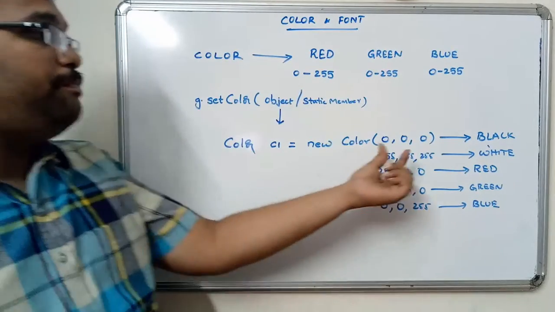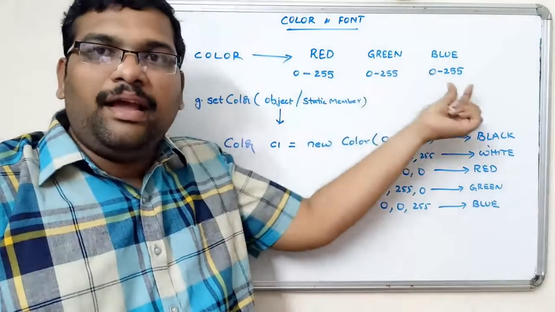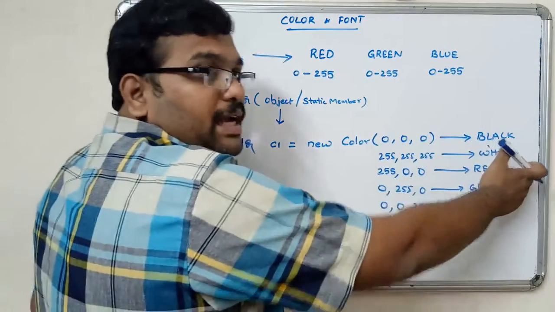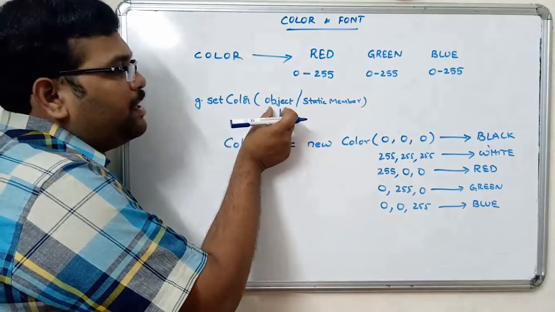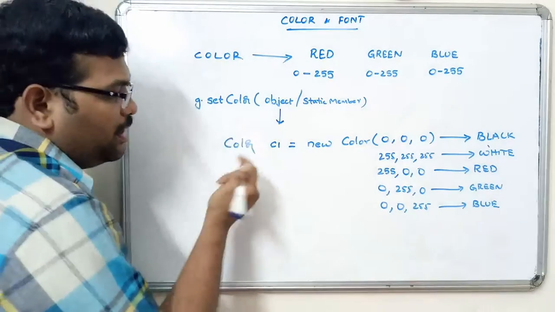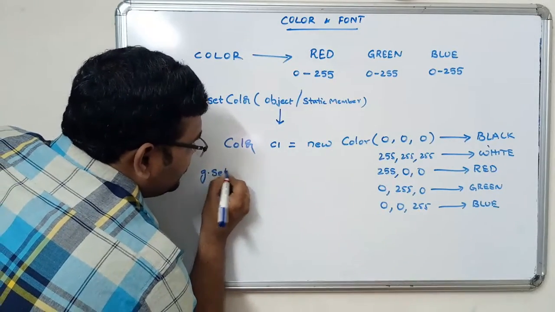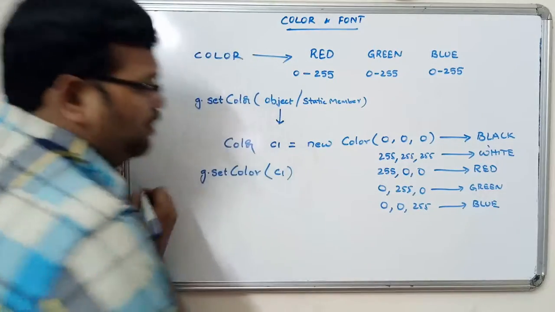Here we have to pass the range of red, green and blue. The corresponding color will be assigned to this object, and we have to pass this object as a parameter to the setColor method. After creating this, we implement G dot setColor of C1.